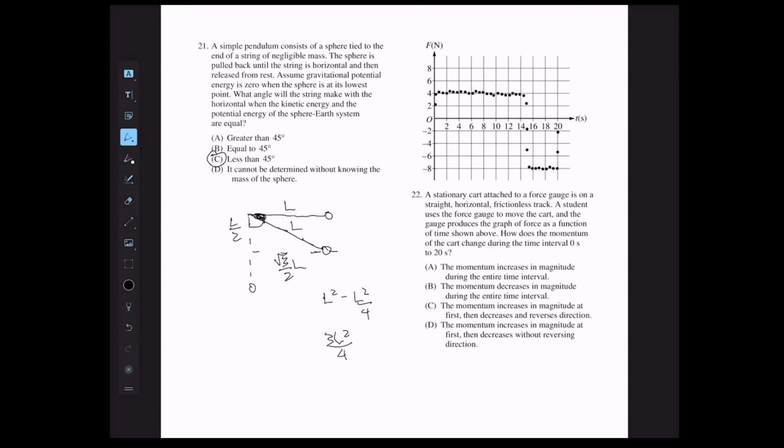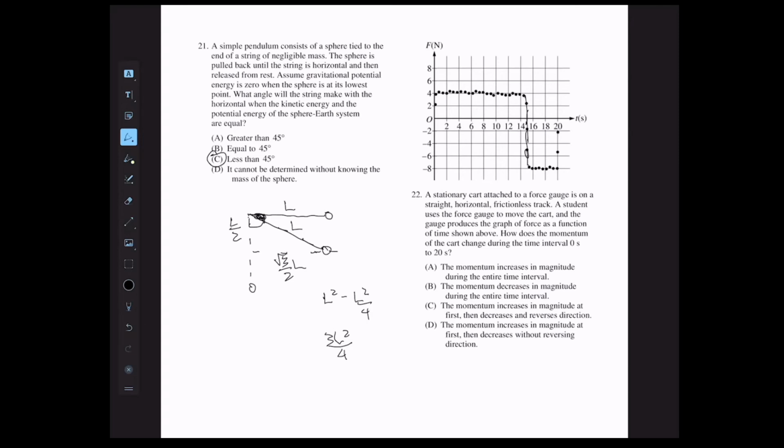22. A stationary cart attached to a force gauge is on a straight horizontal frictionless track. A student uses the force gauge to move the cart and produces the force as a function of time. Force-time graphs can give you impulse if you find the area under the curve. So let's find the area under the curve from 0 to 20.